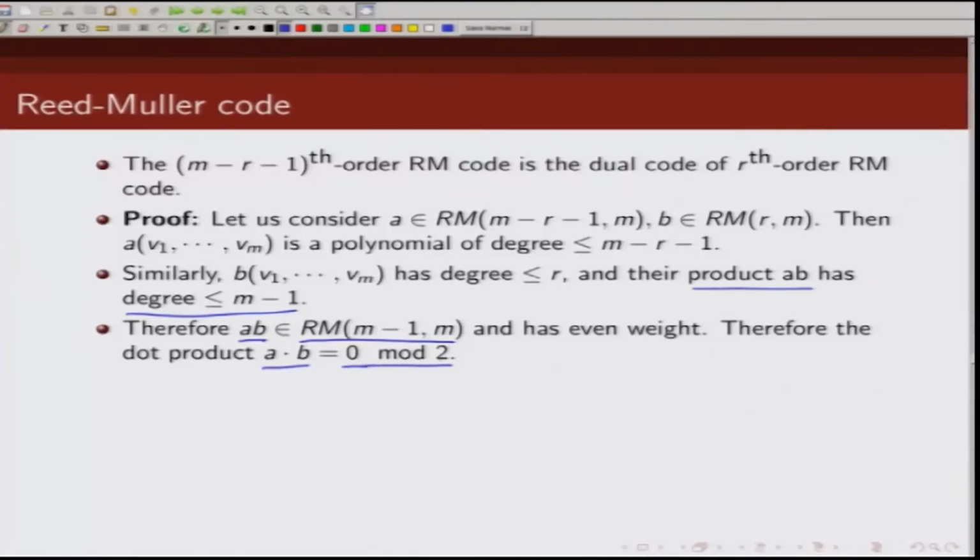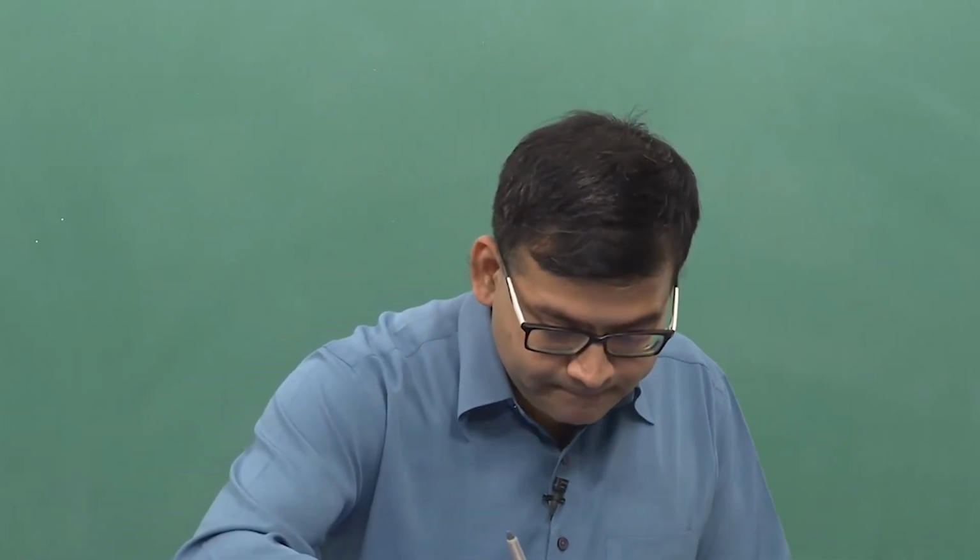So, modulo 2 this will be 0. So, in other words, what we have shown is, if you take a code word A which belongs to the m minus r minus 1th order Reed-Muller code, and if you take another code word which belongs to the rth order Reed-Muller code, then they are orthogonal to each other.